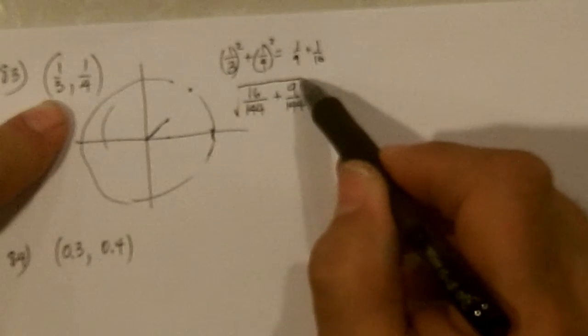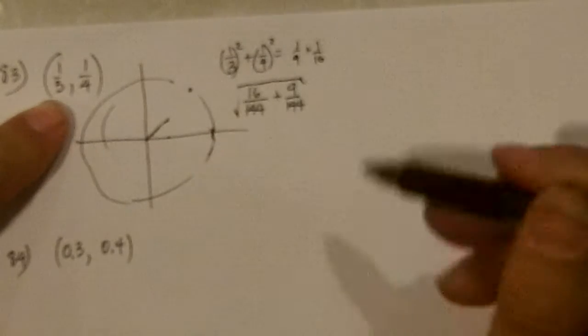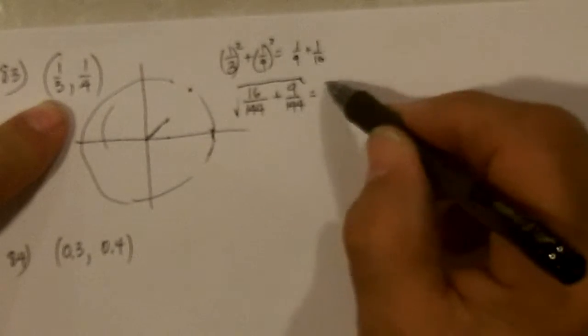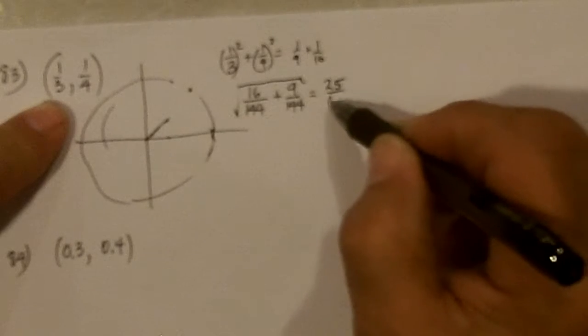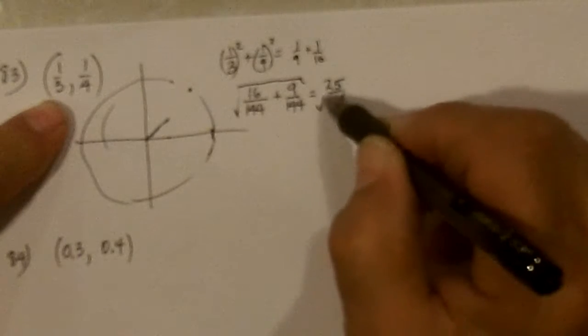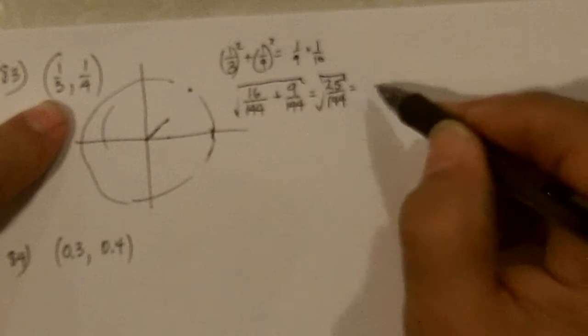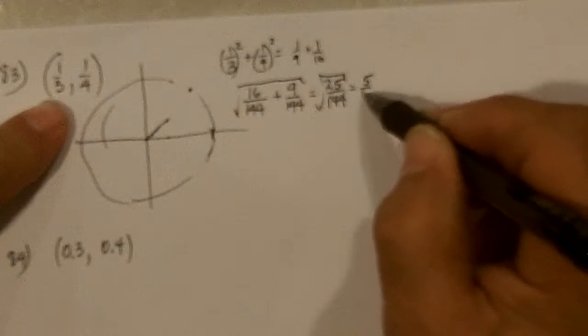And I'll have to take the square root, and 9 plus 16 is 25 over 144, and the square root of that is 5/12.